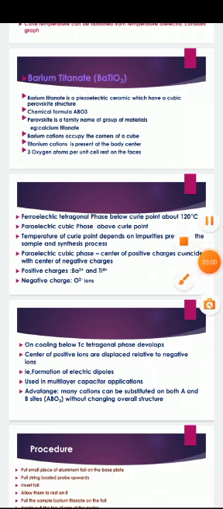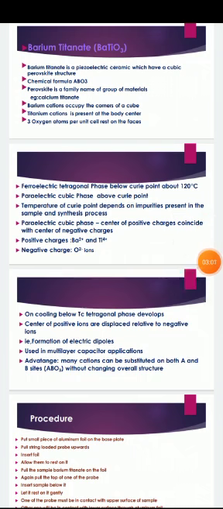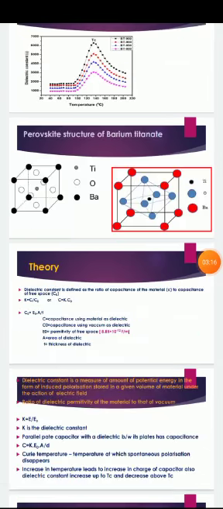In the barium titanate structure, the barium cations occupy the corners of a cube, the titanium cation is present at the body center, and the three oxygen atoms per unit cell rest on the faces. So, in the figure we can see that barium is present at the corners, titanium at the body center and oxygen at the rest of the faces.